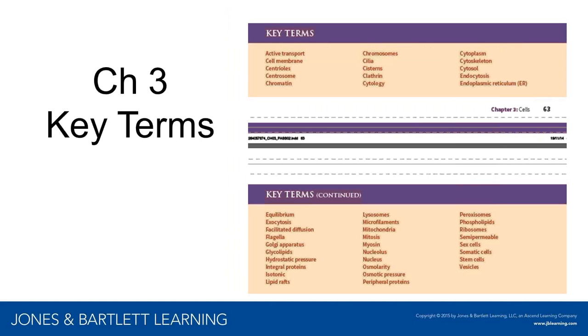Chapter summary. At the end of each chapter, we have a summary, the most important part of the chapter. And then we have a key term. The explanation of each term is in the glossary.